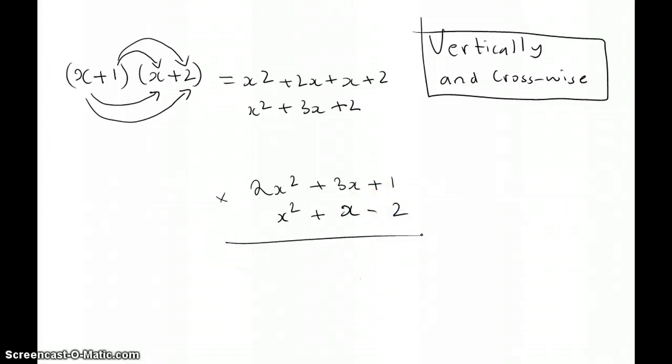Now, just like we did 3-digit multiplication in the last video, we do the same thing here. So 1 times minus 2 is minus 2. 2 times 3x is 6x. But don't forget this minus sign. So 3x times minus 2 is minus 6x plus x, which is minus 5x.